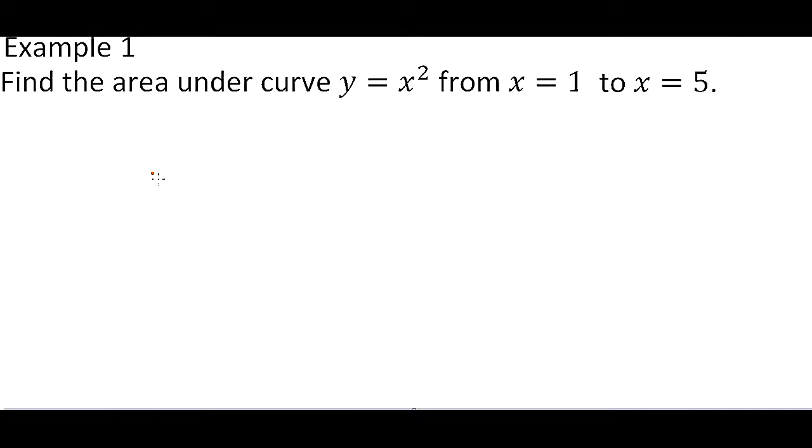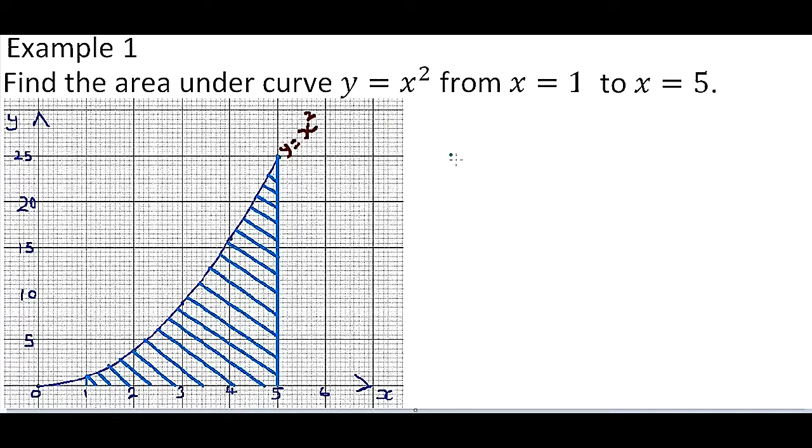But for the sake of just reminding ourselves how the graph looks like, let's have a look at the graph we had plotted earlier on. So this is how the graph of this function looks like, and we are required to find the area from x is equals to 1 to x is equals to 5.